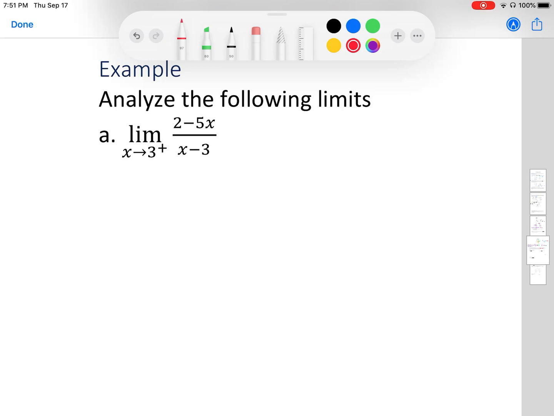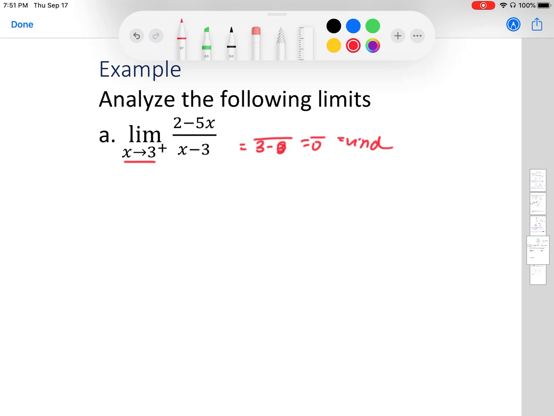Find the limit as x is approaching 3 from the right of 2 minus 5x over x minus 3. So our problem here is that I can't plug in 3 because it gives me a 0 in the denominator. Right? And that's our problem. It makes it undefined.